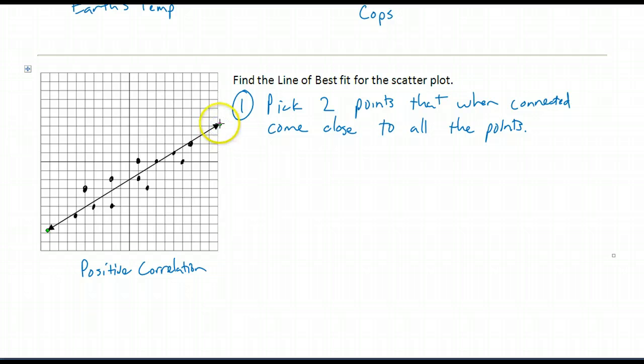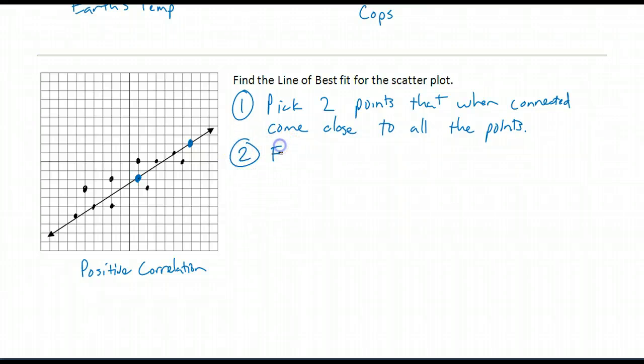There's no exact answer for this. You just need to use your best judgment. That looks pretty good right there. If I connect this point to this point, I come close to all of the points.